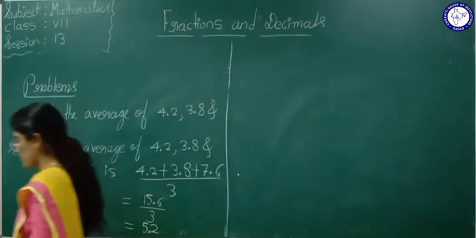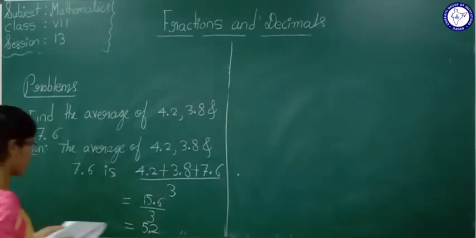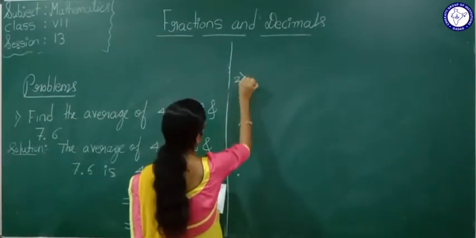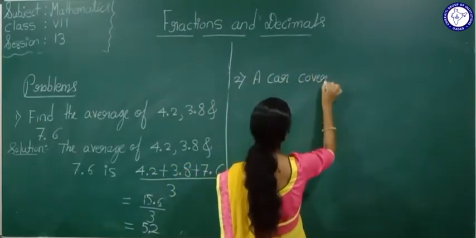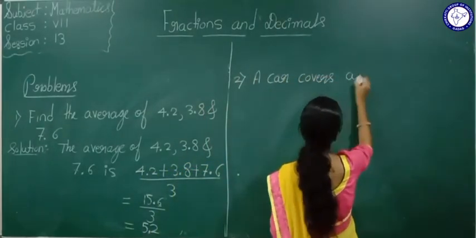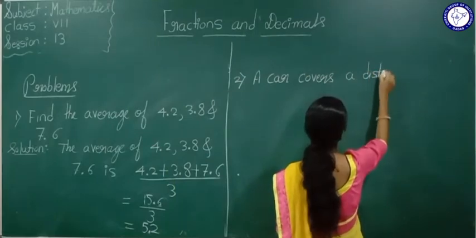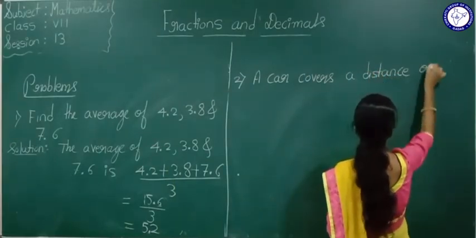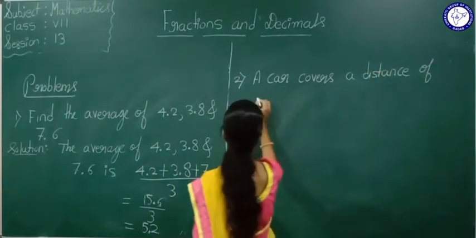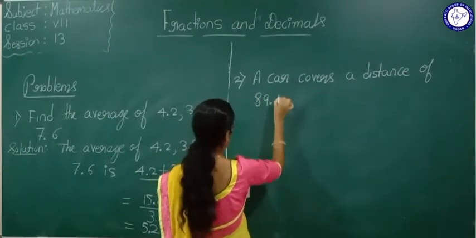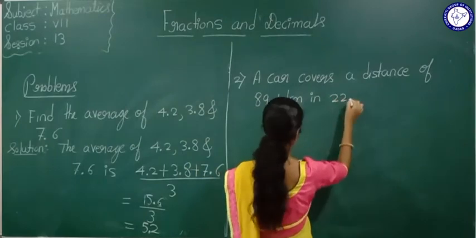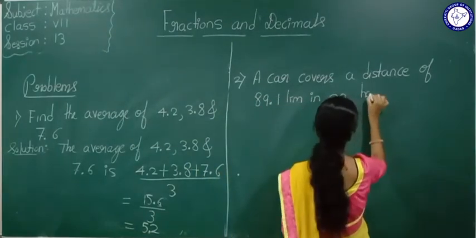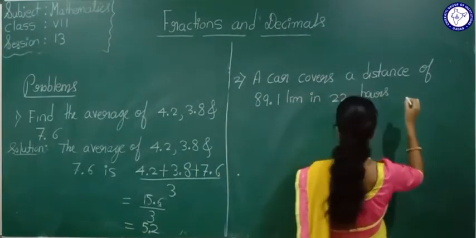So one more problem we will see here. So second one, a car covers a distance of 89.1 kilometer in 22 hours.